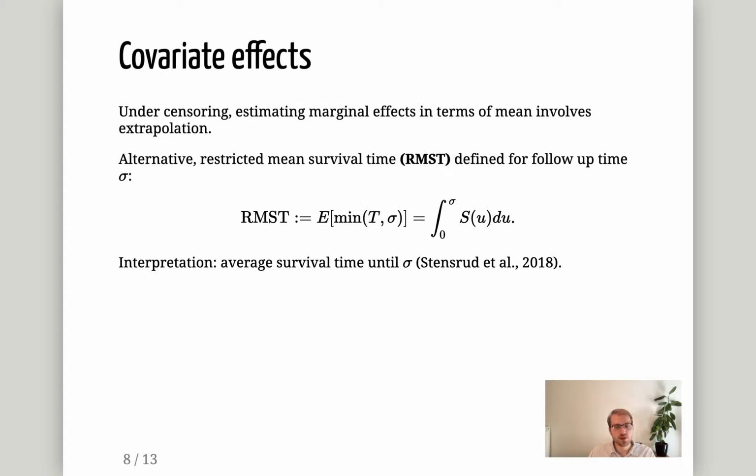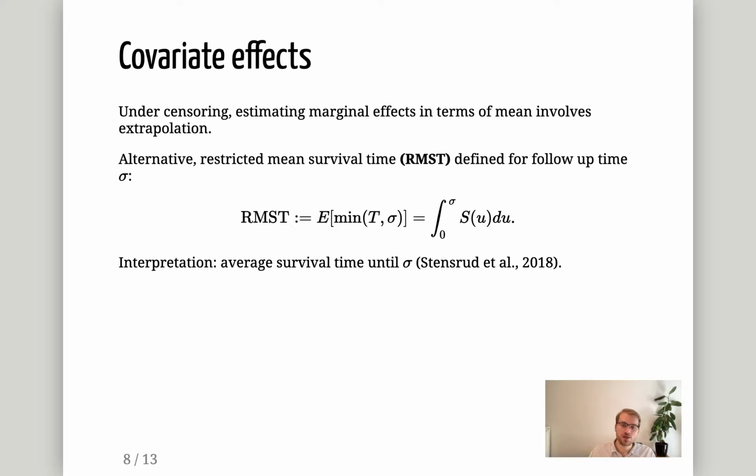For hazard regression, we cannot easily look at marginal effects in terms of the mean function, because this would involve extrapolation, which we generally don't want to do in a nonparametric framework. Instead, an alternative measure has been developed called the restricted mean survival time.